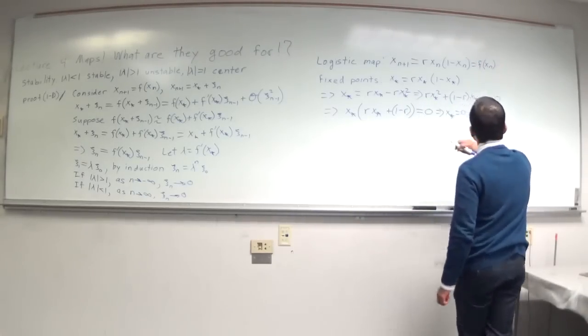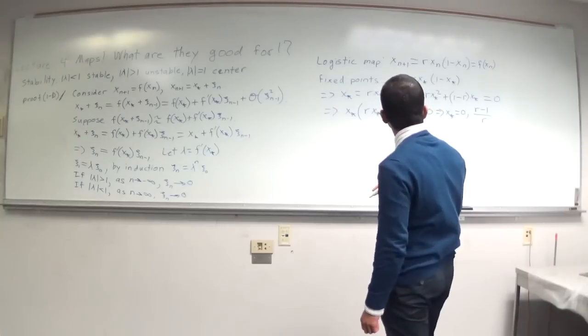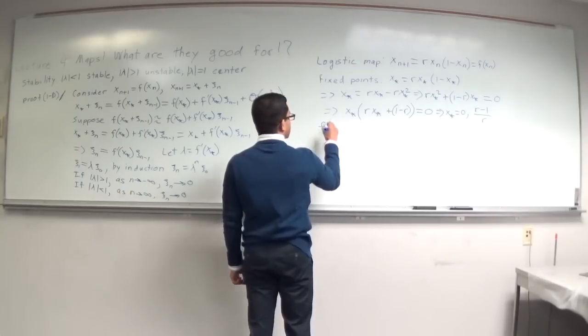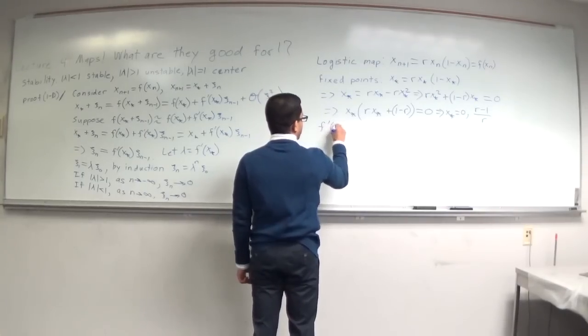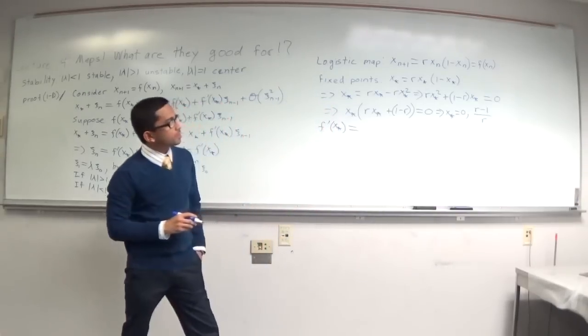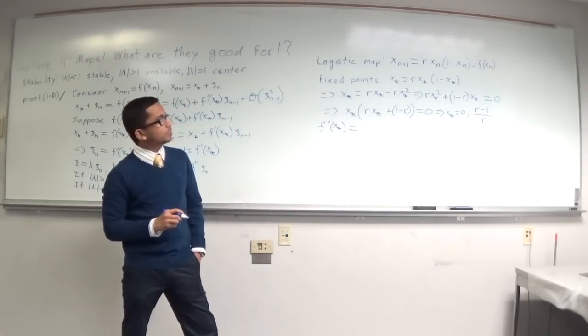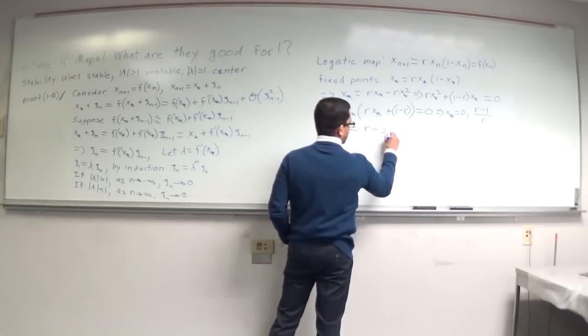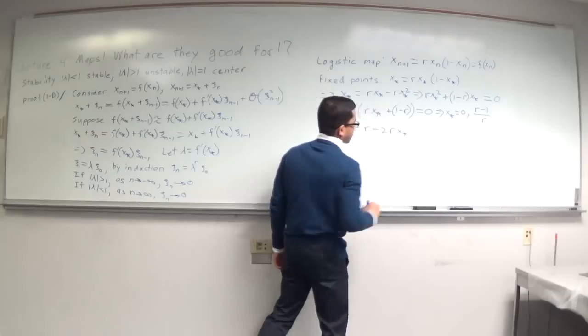Let's call it f of x_n. So let's write f prime of x star. That's going to be r minus 2r x star. So we get that.